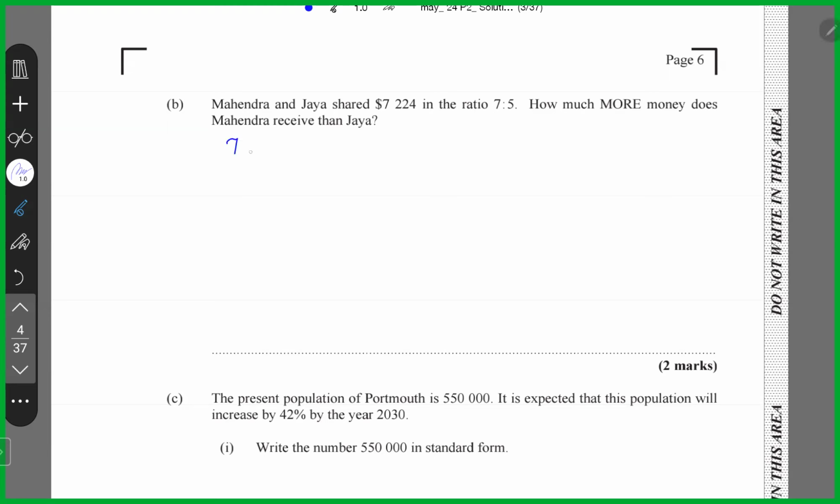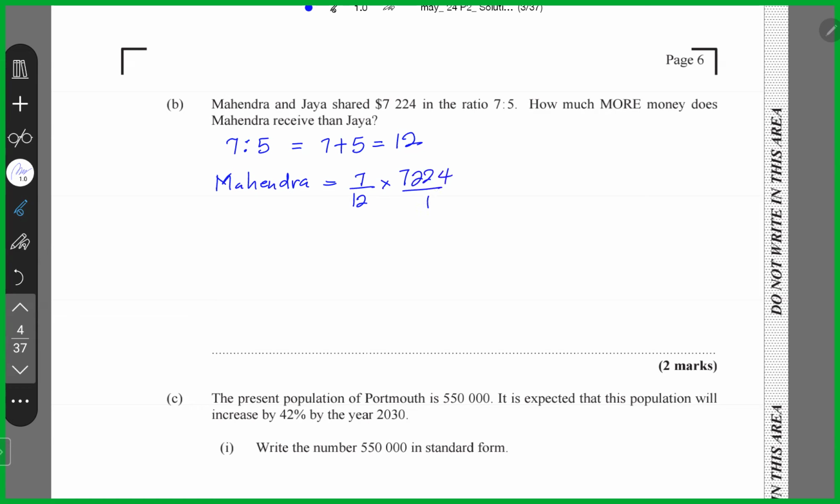So we have 7 to 5, which means that this is divided into a total of 7 plus 5, which is 12 parts. Now, Mahendra received 7/12 of the money, which is $7,224.